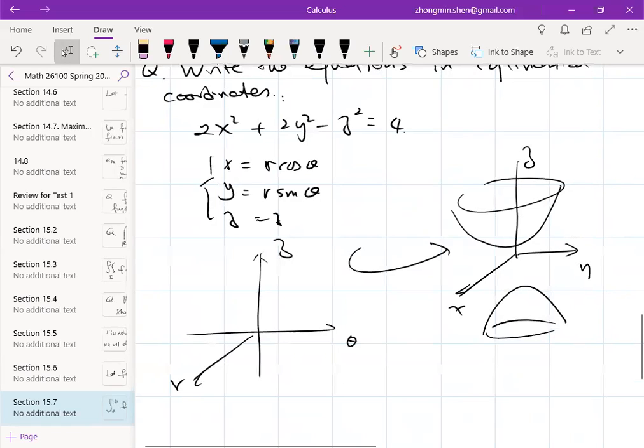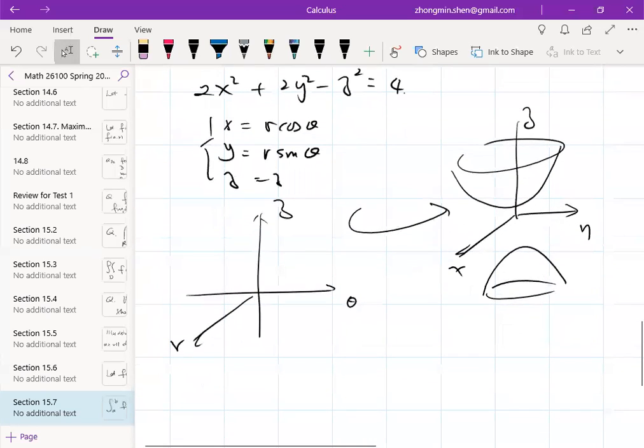It's funny, in the book it does not even draw the coordinate system. That's fine, I prefer the more geometric pictures here. Sometimes they write theta on this side, but in this case I prefer r theta z.